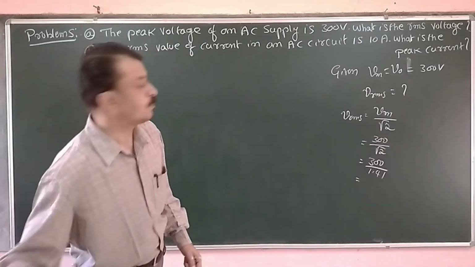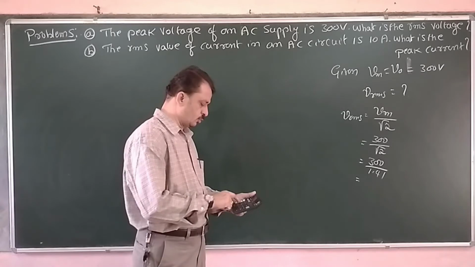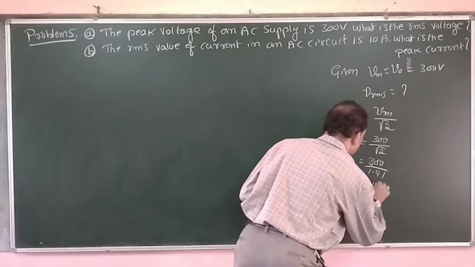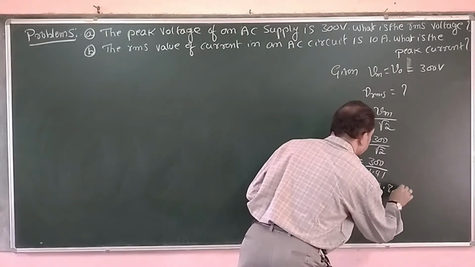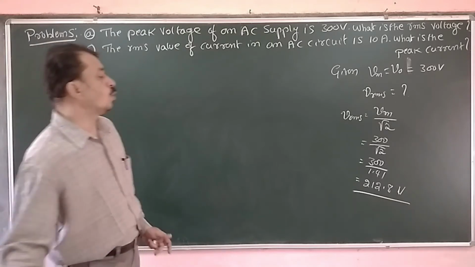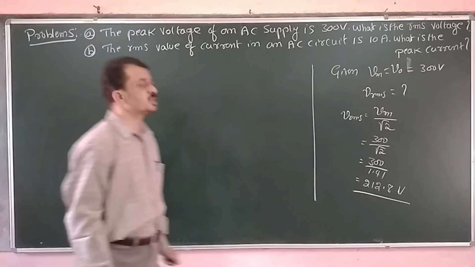Now, working out with a calculator, 300 divided by 1.41, I am getting 212.8 volts. That is the RMS value of the voltage.